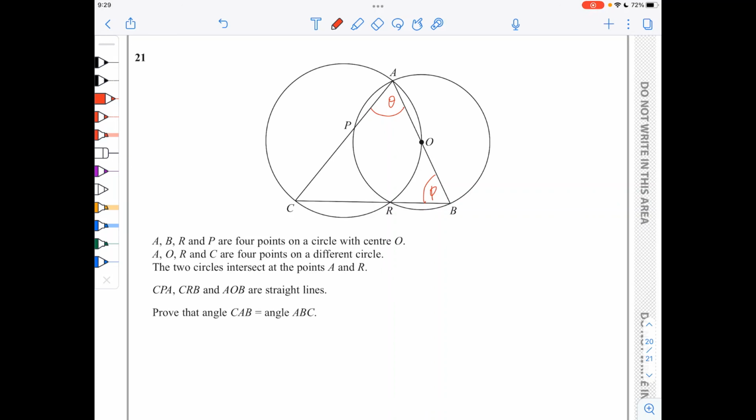So I will start by drawing a line connecting O and R, and because OR and OB are both radii, this means that ORB is also phi.